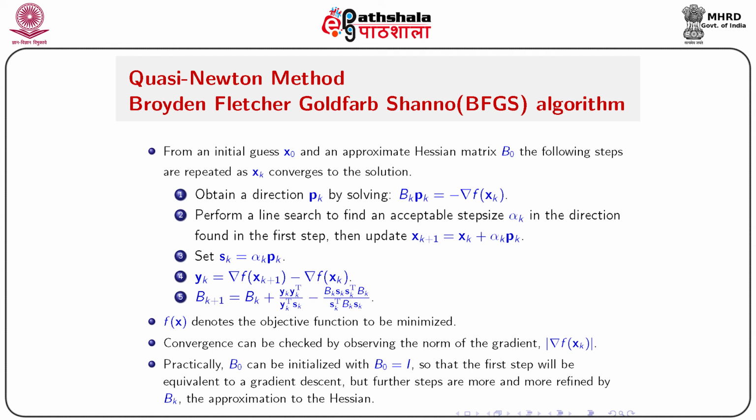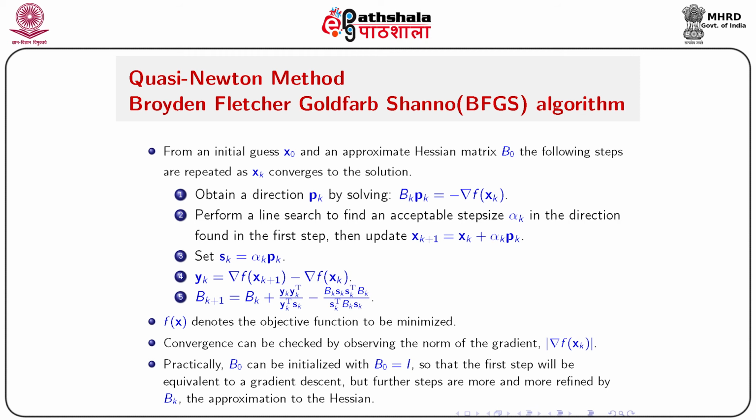Set sk equals alpha k pk, then yk equals gradient f of xk plus 1 minus gradient f of xk, and Bk plus 1 equals Bk plus yk yk prime divided by yk prime sk, minus Bk sk sk prime Bk divided by sk prime Bk sk, where f of x denotes the objective function to be minimized.